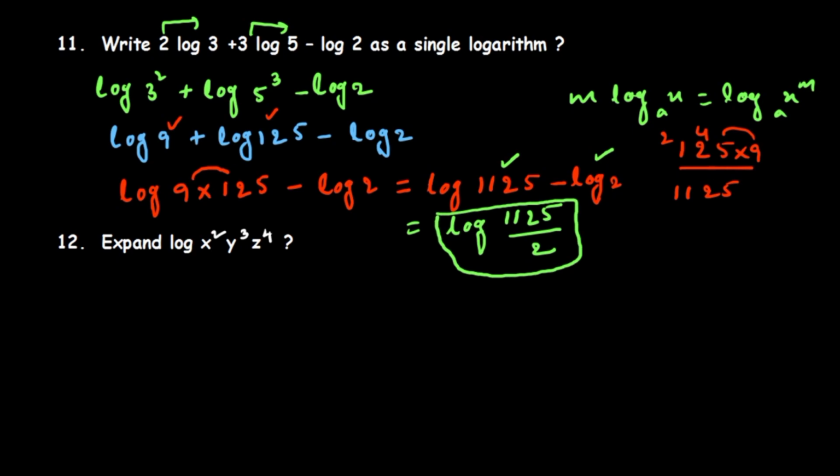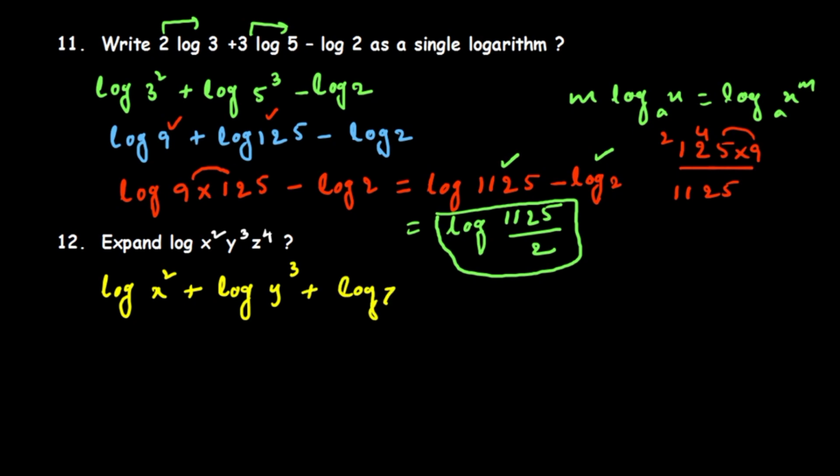Now the next question: expand log of x square y cube z power 4. So completely we can use the log xy formula, log x plus log y form we can write now. So I'm going to take log x square plus log y cube plus log z power 4.